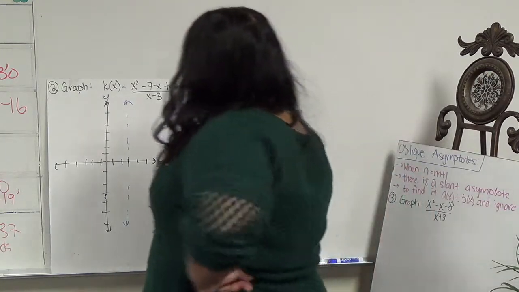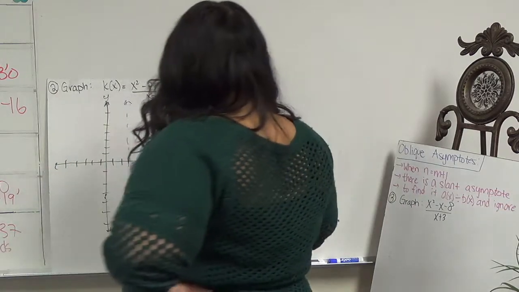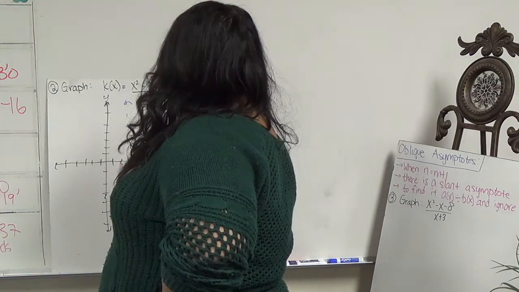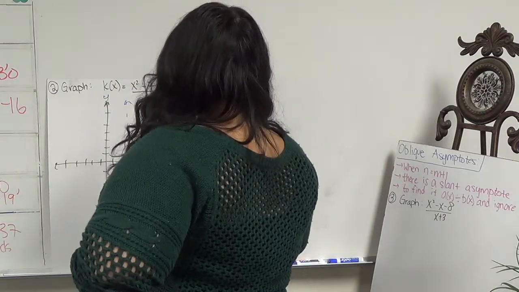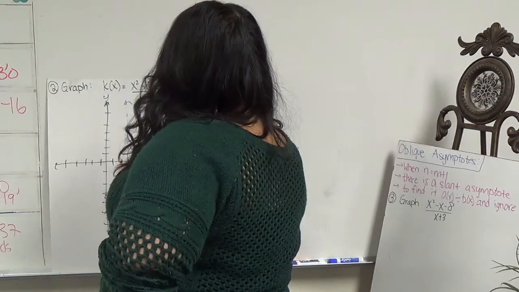So at 2, there's a connection, and then at 5, there's a connection.